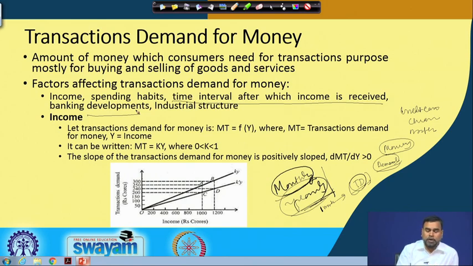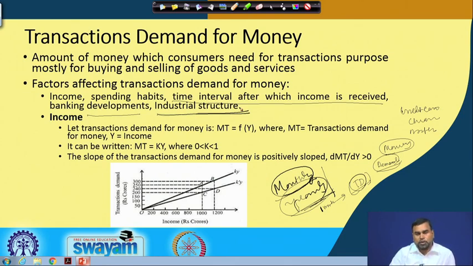Then the other point we have is called the industrial structure. What do we mean by this industrial structure? In some places there is a vertical development or vertical integration of the industry. For example, you talk about the Tata group, the Reliance group.